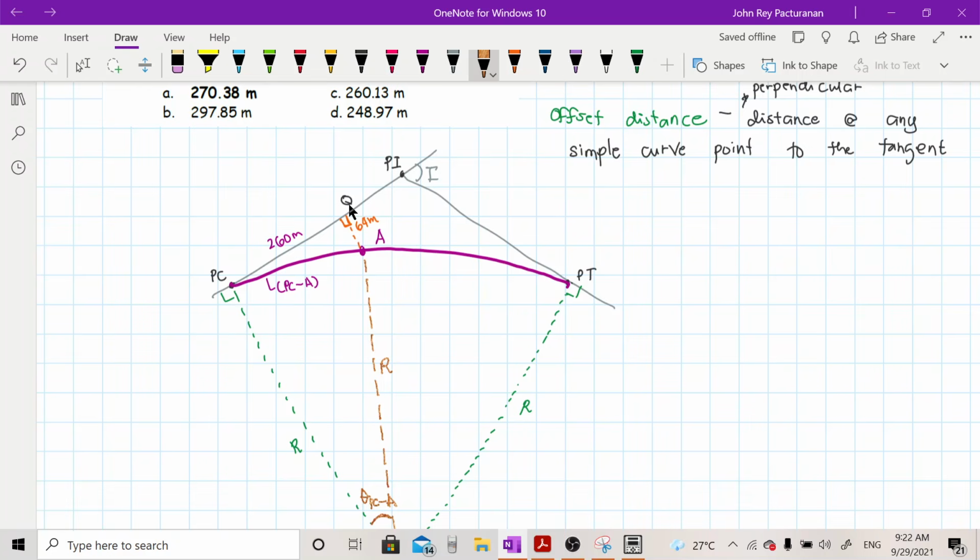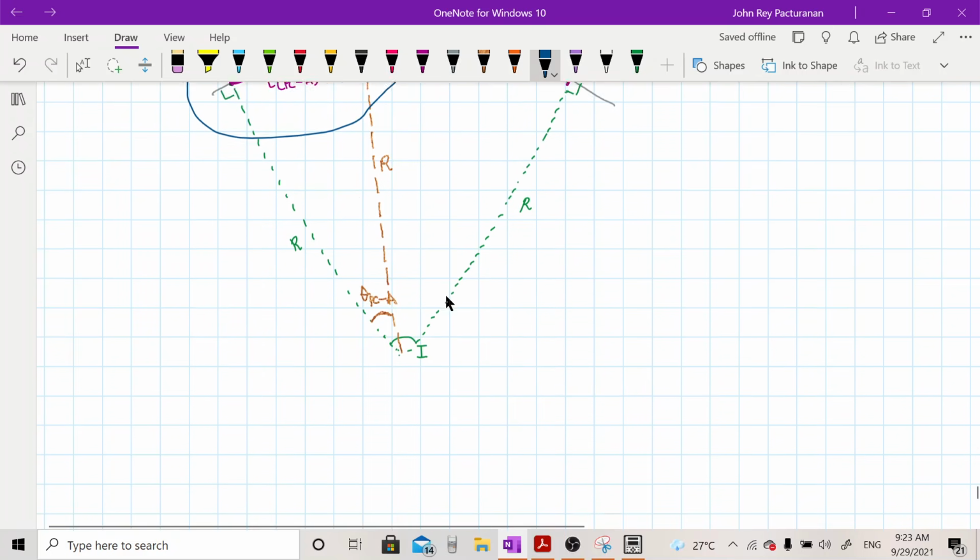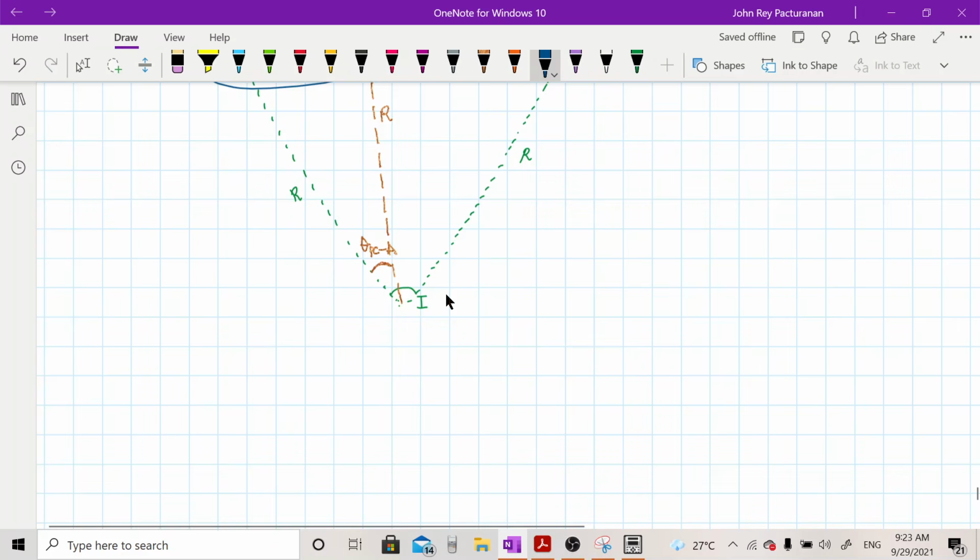So, I want you to focus simply on this portion. I want you to focus on this part lang, from PC to point A. Tapos yung back tangent lang. So, let me introduce sa inyo another way to illustrate that. So, tawagin ko na lang siyang another illustration.